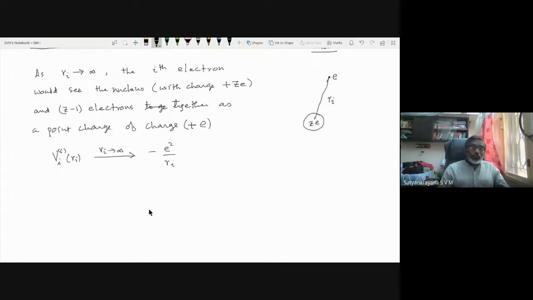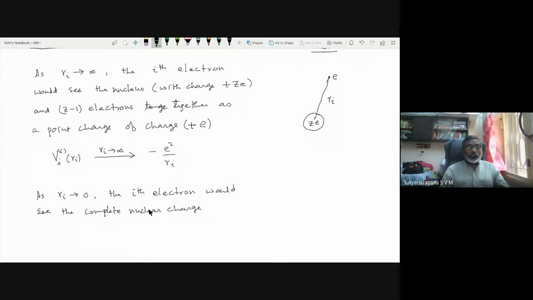On the other hand, as Ri goes to 0, the ith electron would see the complete nuclear charge, that is total Ze.